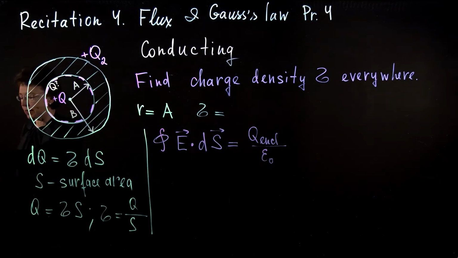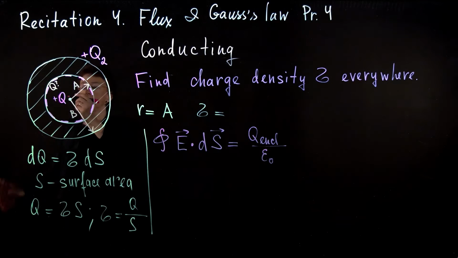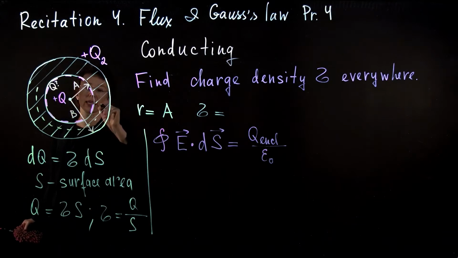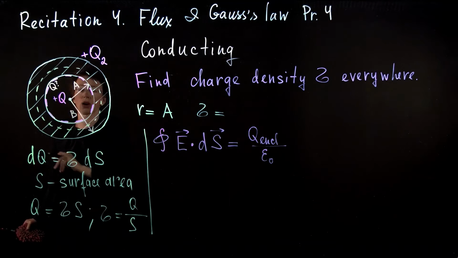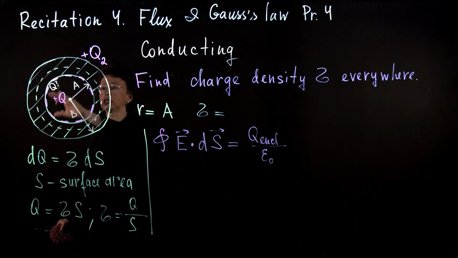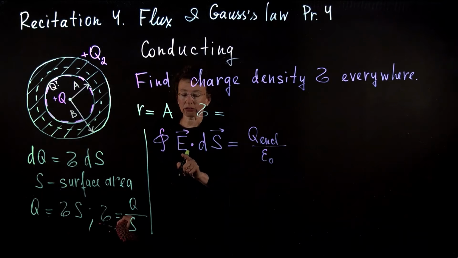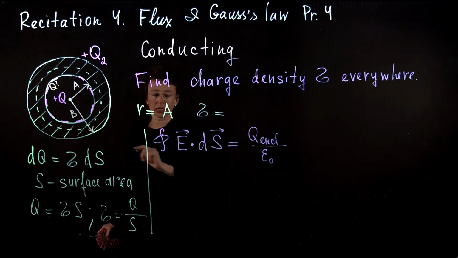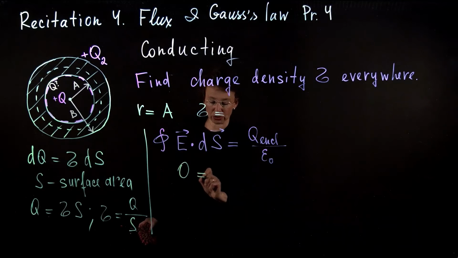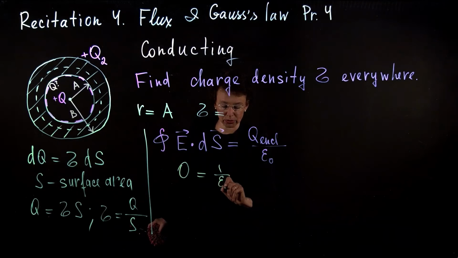I will consider a Gaussian surface that is an imaginary sphere inside this conductor, between A and B. Electric field inside the conductor is 0, so the left-hand side of Gauss's law is 0.